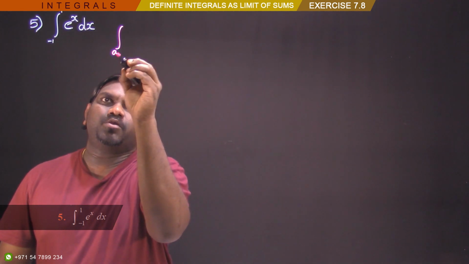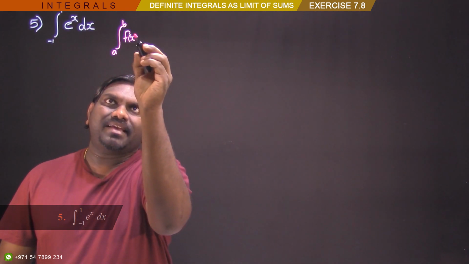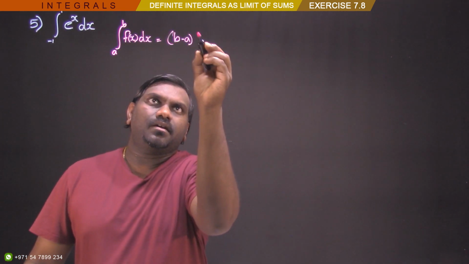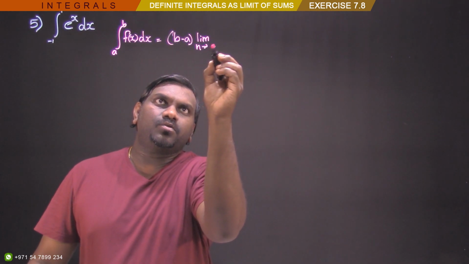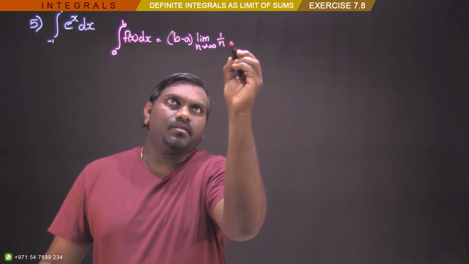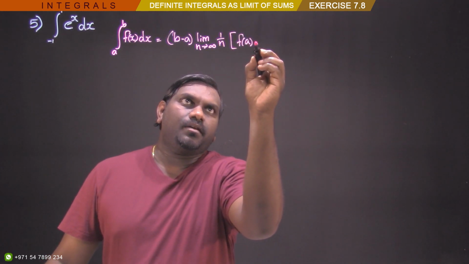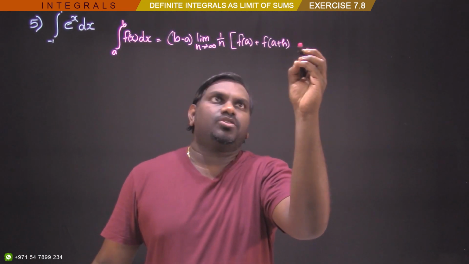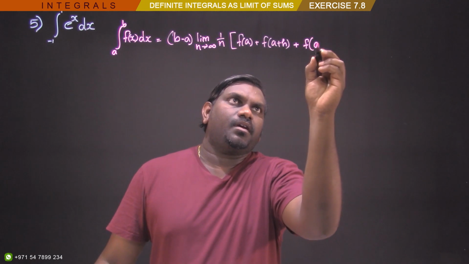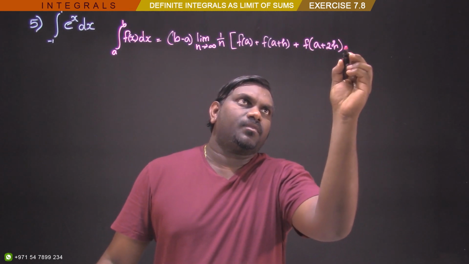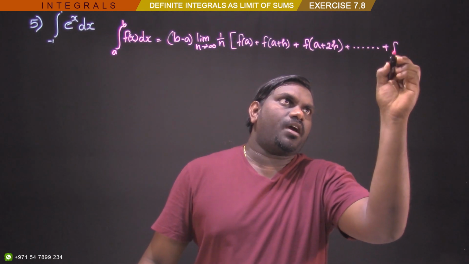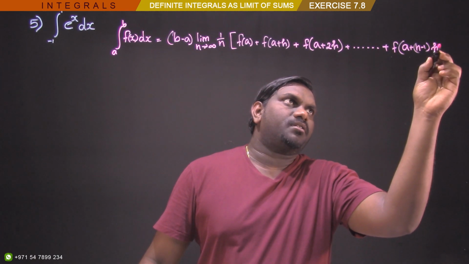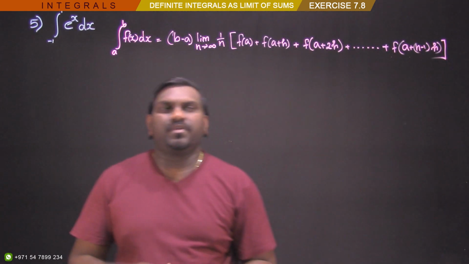Integral from a to b f of x dx is equal to b minus a, limit n tending to infinity, 1 by n, f of a plus f of a plus h plus f of a plus 2h plus, as it goes on, f of a plus n minus 1 h, dear. This is what we have, dear.